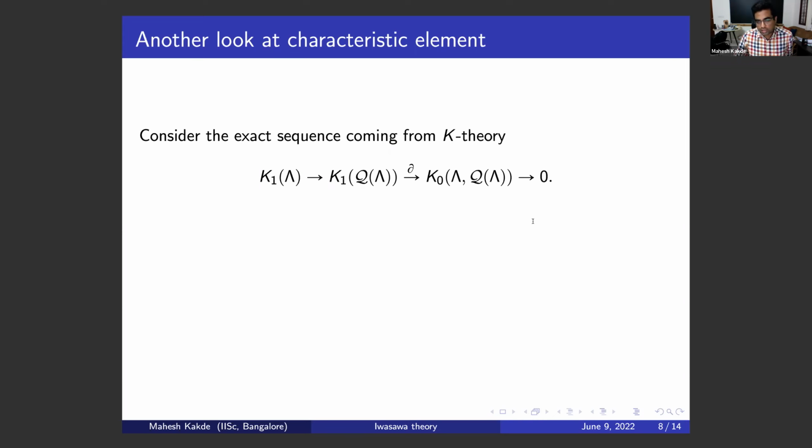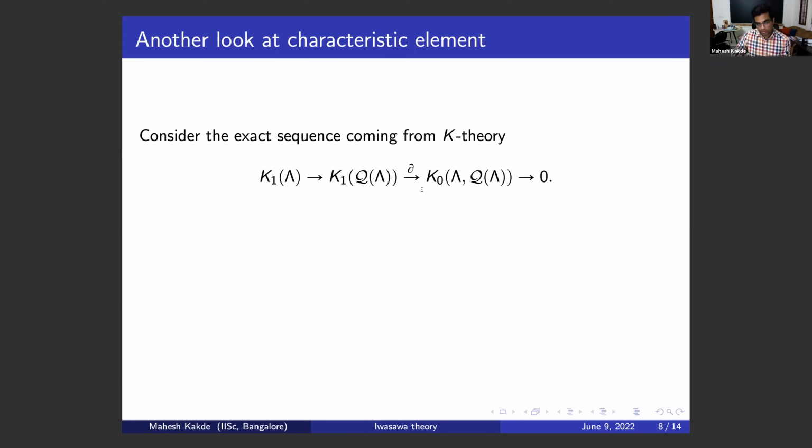In this particular case, it's very easy, because the next term is K0 of Lambda, and after that it's K0 of Q Lambda, and they are both Z, and that map is an injection. It just takes 1 to 1, since it counts the rank of the module.